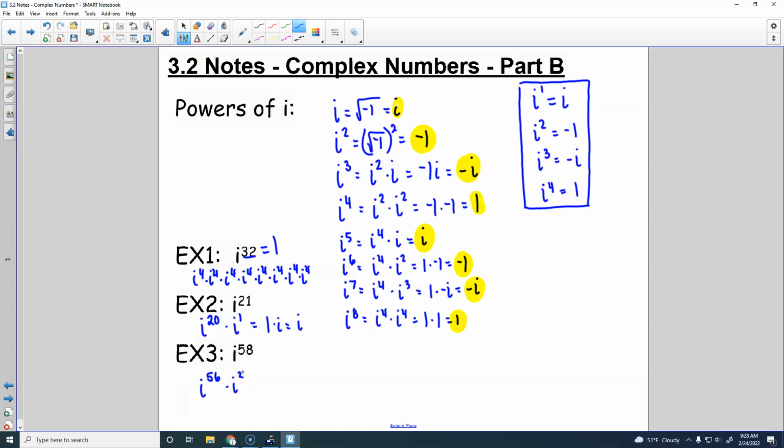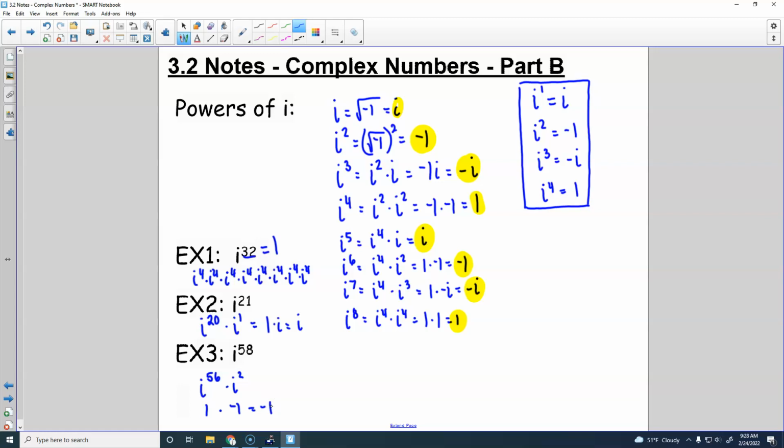I found that out by doing 58 divided by 4, and I got 14.5. So 14 times 4, I checked, and it was 56. So i to the 56 just equals 1 because its exponent is divisible by 4. i squared is over here on our list. It's negative 1. So we get negative 1 there.